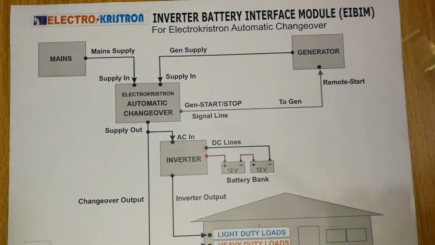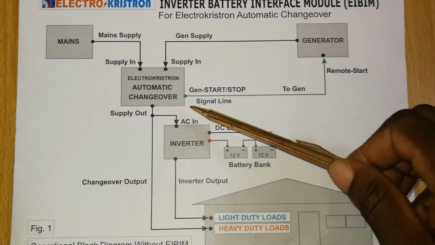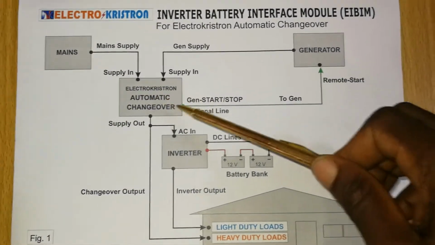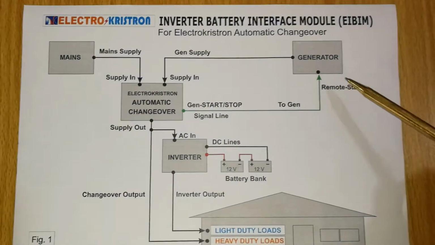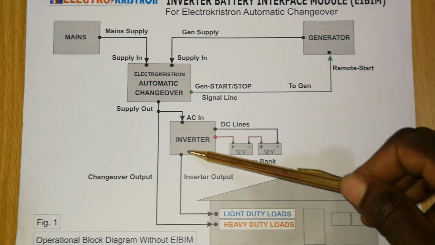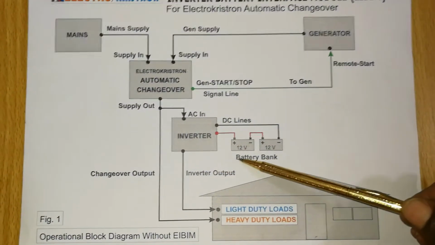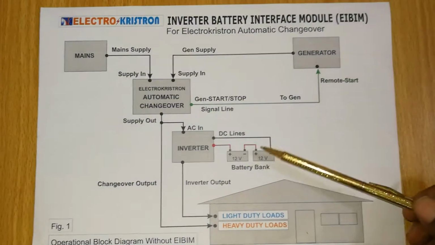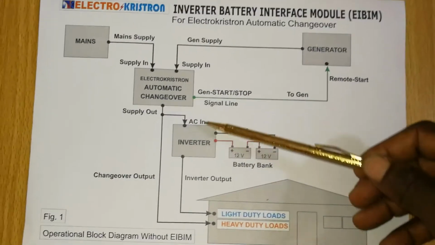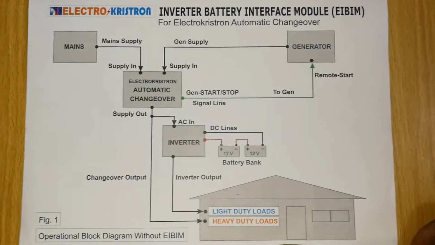Now the problem with that is the functioning of the ATS as an auto start system, starting your gen anytime power fails, means there won't be room for your inverter to run its course as a backup power supply, which is not a good thing. It means you'll be burning diesel all the time, even when you have a backup supply system or backup facility.